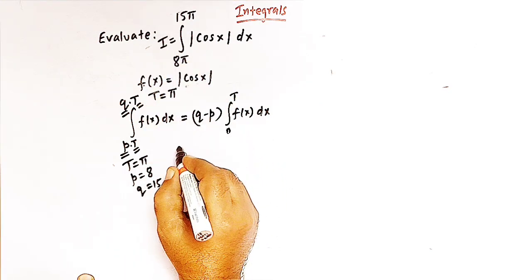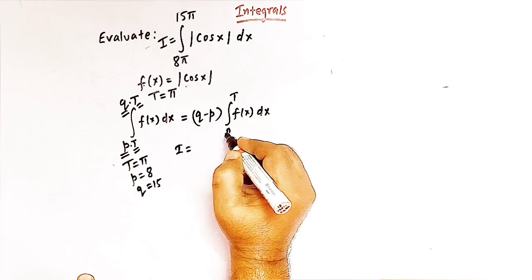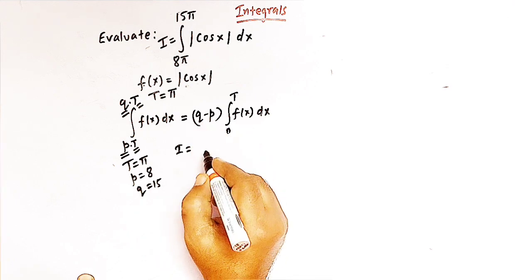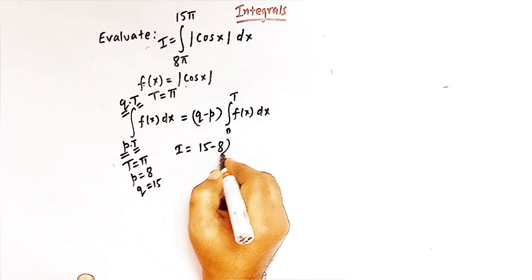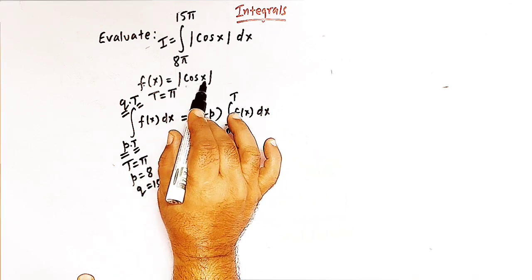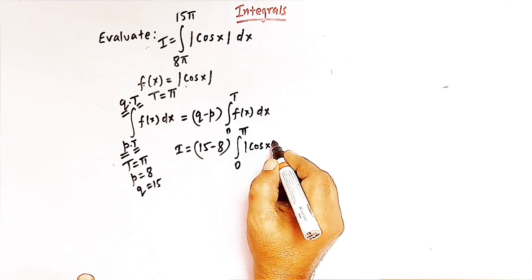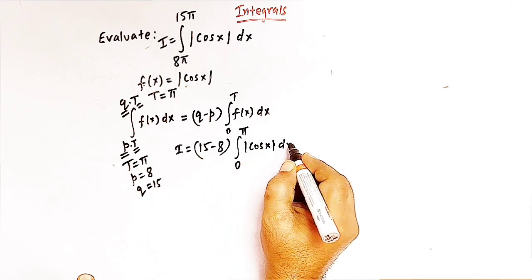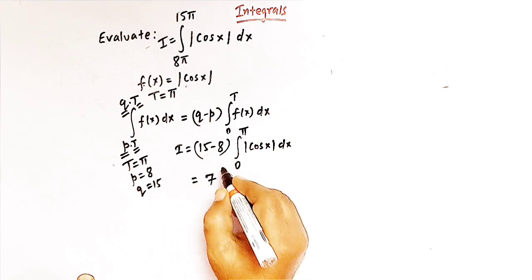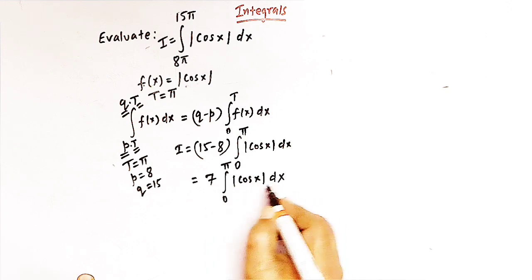So this integral I now takes the form q minus p times the integral from 0 to t of f of x dx. So we have q minus p, that is 15 minus 8, and here we have 0 to pi, because the period of mod cos x is pi and f of x is mod of cos x, and here we have dx. So 15 minus 8 is 7, and here we have 0 to pi and mod of cos x dx.